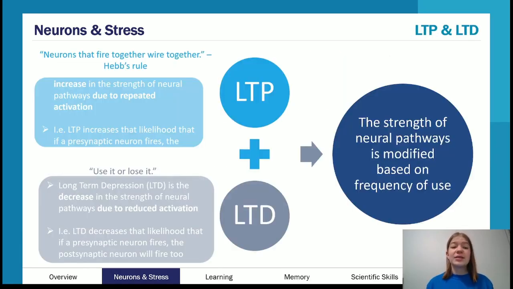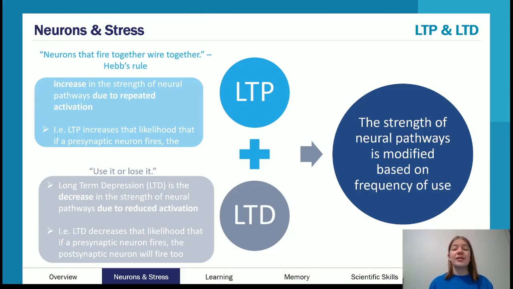In LTP, it's neurons that fire together, wire together, which is called Hebb's rule. So we have an increase in the strength of our neural pathways due to repeated activation. So LTP increases the likelihood that if a presynaptic neuron fires, the postsynaptic neuron will fire too.